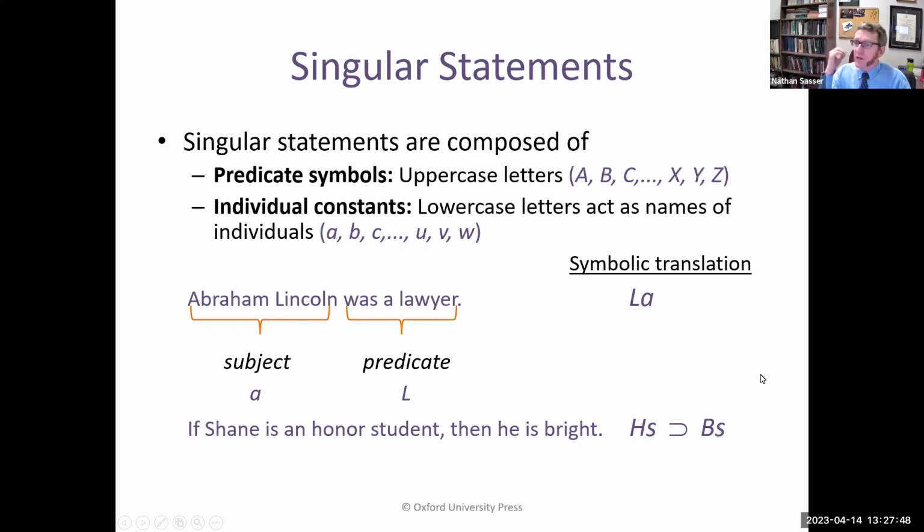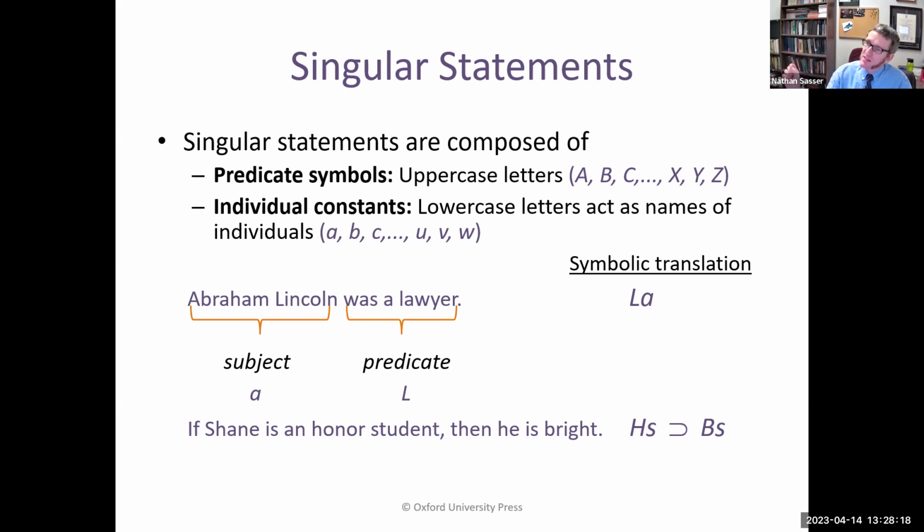Now, the lowercase letters that we're going to use to symbolize individuals, they come in 2 varieties. The letters A through W are going to stand for individual constants. That is, you can think of those as names of particular individuals, like Abe Lincoln, or that particular dog, or something like that.